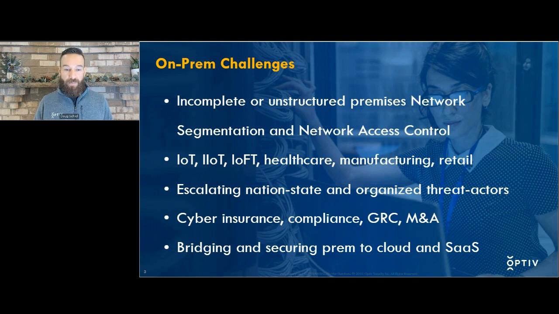And then we're also bridging security between the premises and the cloud, the hybrid cloud, and use of SaaS applications for our customers that are still mainly on-prem. If you're in healthcare and manufacturing, yes, you still have a big data center presence, and you still have lots of devices out there that are actually driving your line of business.